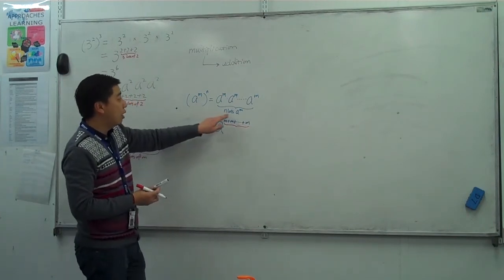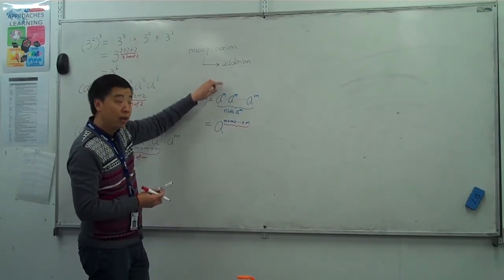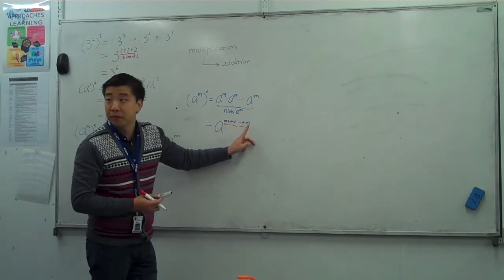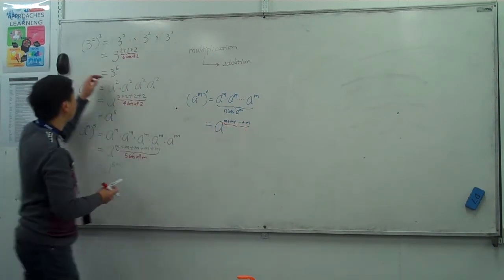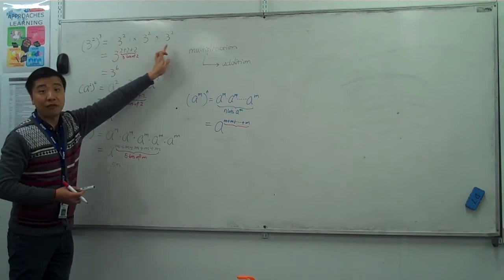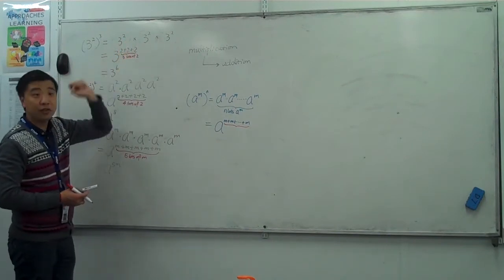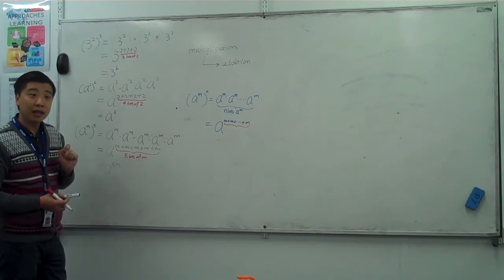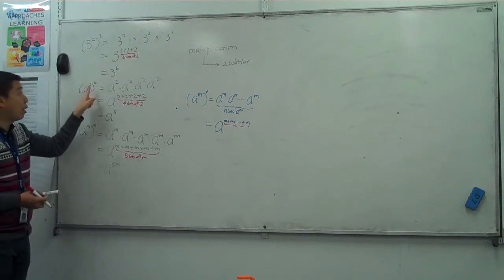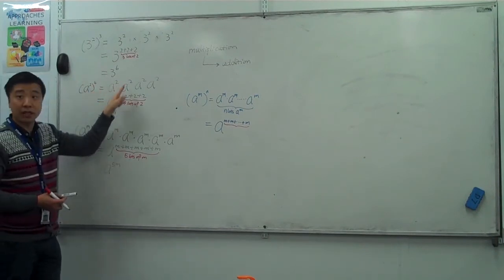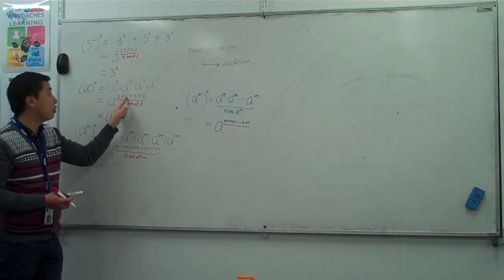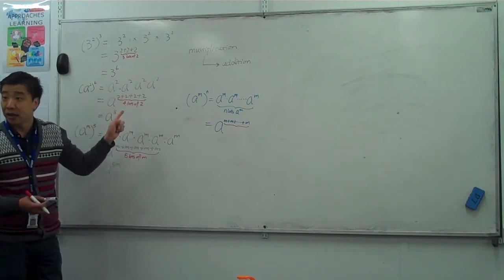Because you have n lots of a to the power of m, you have n lots of m. Is that correct? So here you have 3 lots of 3 to the power of 2. So you have 3 lots of 2 adding together. For this question, you have 4 lots of a squared. So here you have 4 lots of 2 adding together.